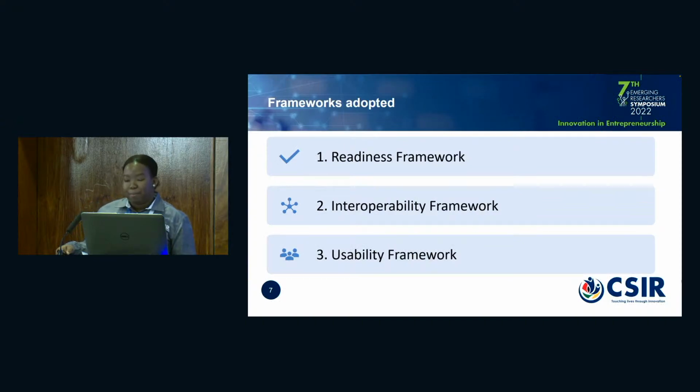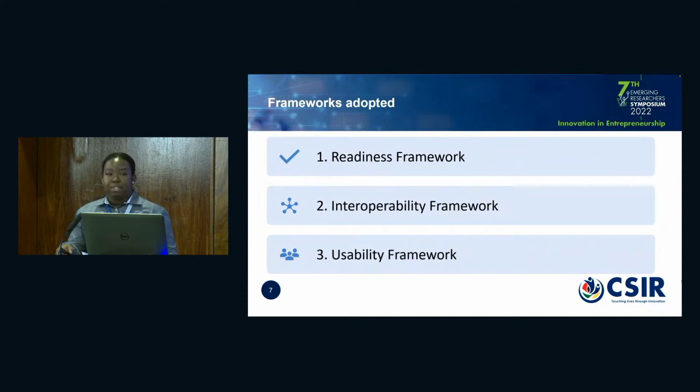So the Readiness Framework speaks to the system and its ability to accept and sustain change. The interoperability framework was identified due to the need of systems to exchange data to implement the project.